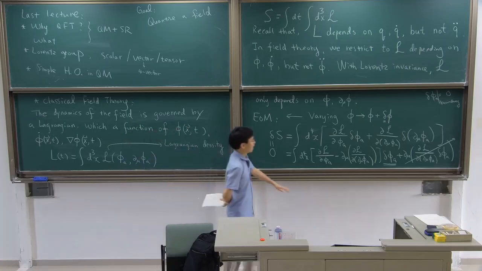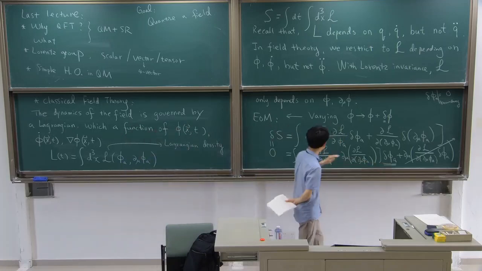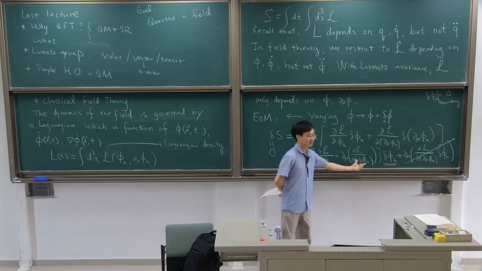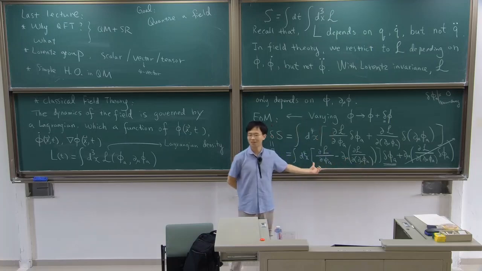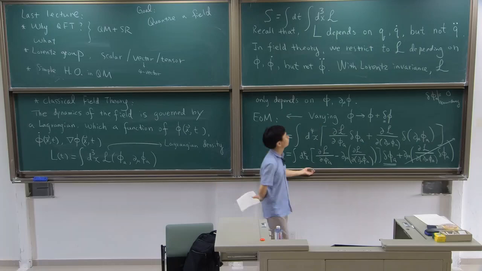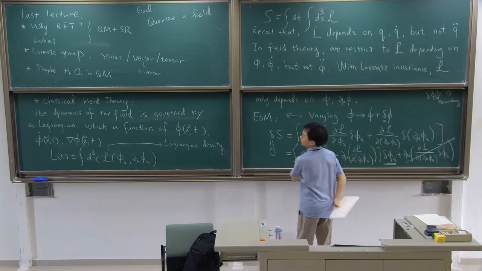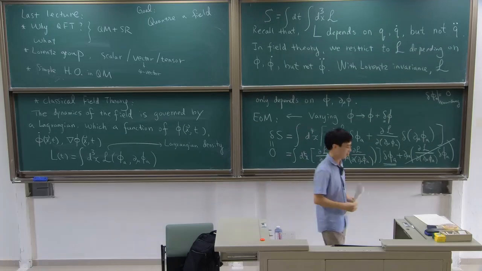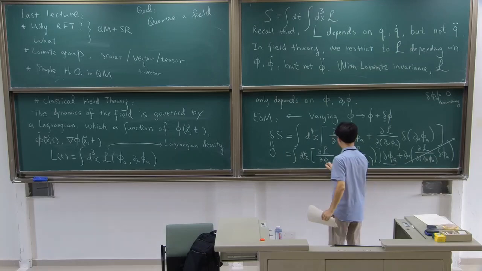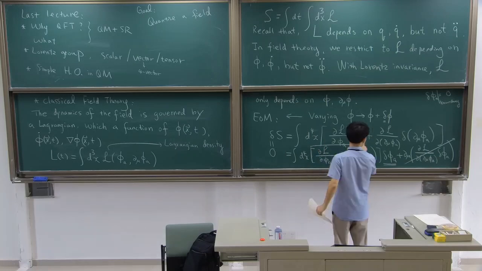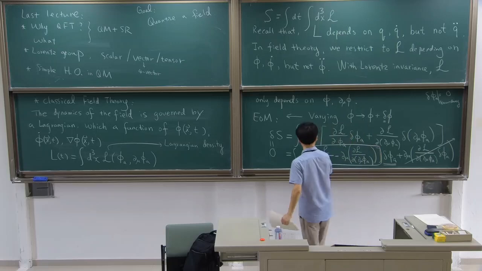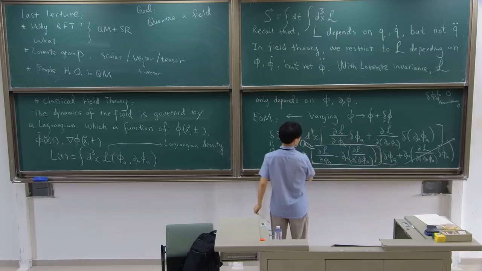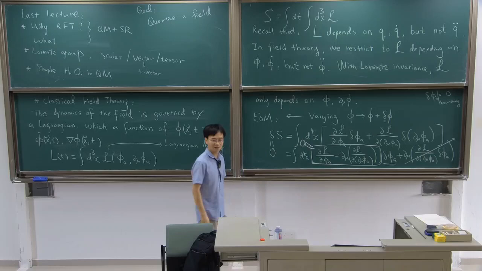Since delta phi is arbitrary, this should always be 0. It just means this coefficient part is 0. So this part should be 0.